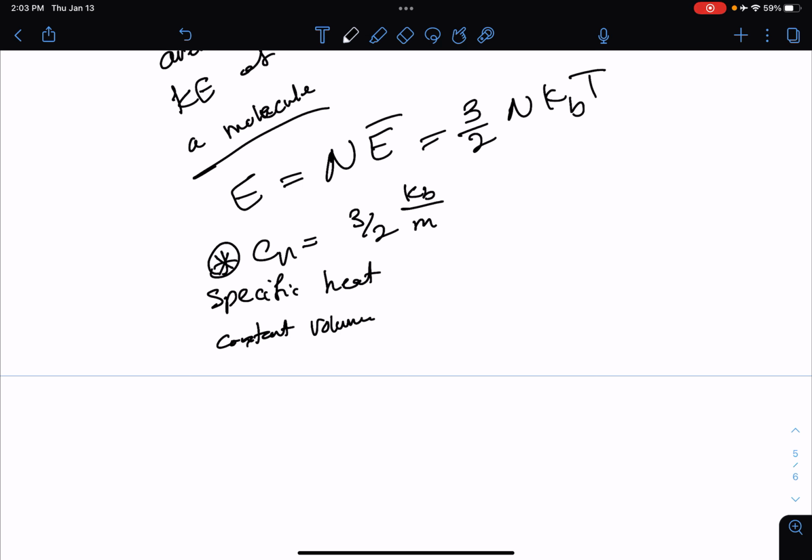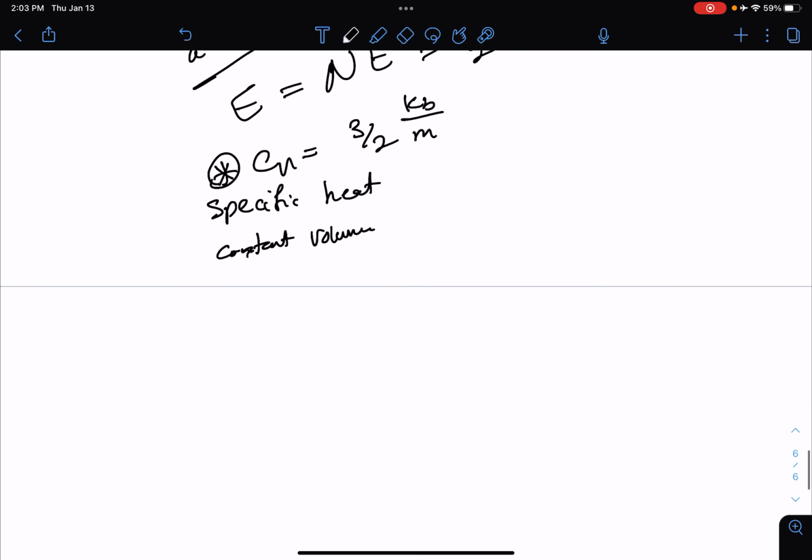Okay, so we have the relationship between the internal energy and temperature of the system. So at this point, we understand that temperature is just another representation for the amount of internal energy of a system.